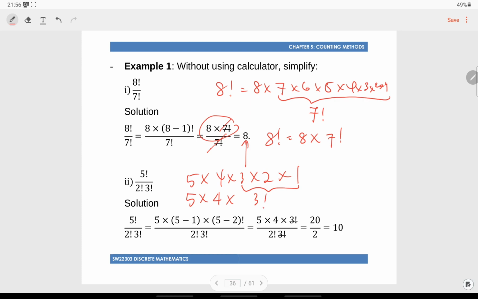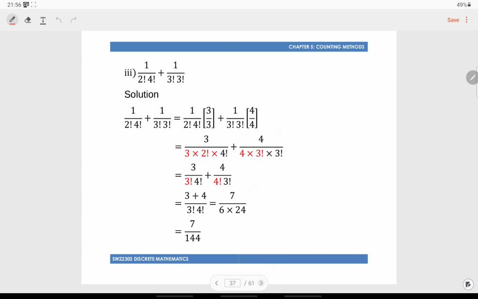At the denominator we also have 3 factorial. Because 2 factorial is simply 2, we can simplify the fraction as 20 over 2, equal to 10.